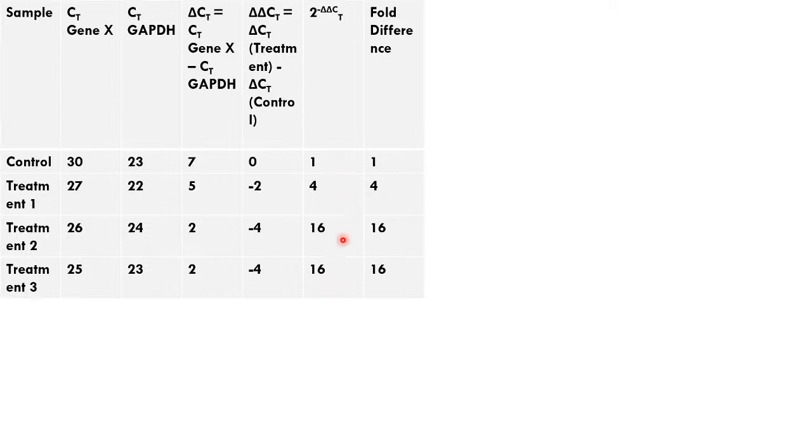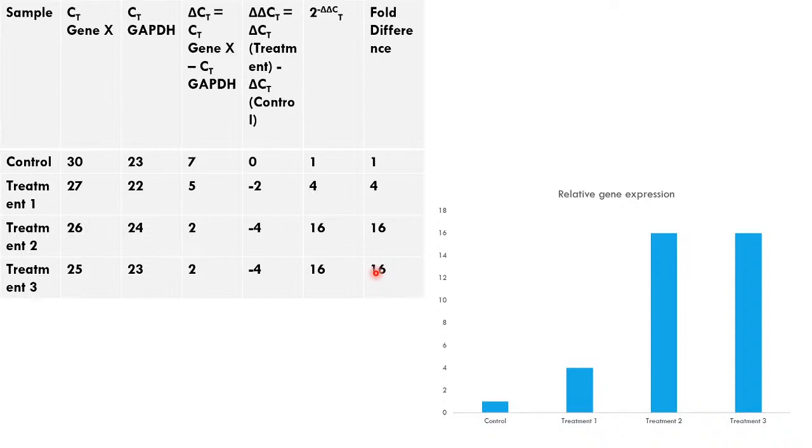Fold difference: 1, 4, 16, 16. So you will say your gene X is expressing one time in your control, but with the first treatment it has increased 4 times, with the second treatment it has increased 16 times, and in the third it has increased what? 16 times. That is how you make the graph of relative gene expression.